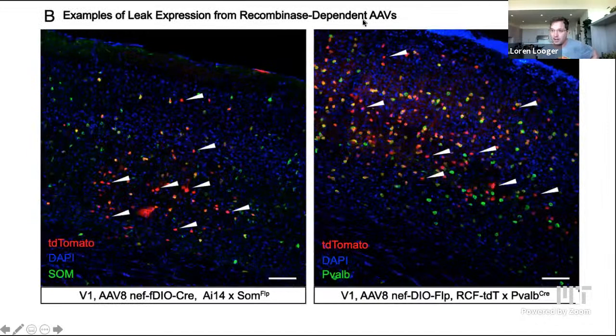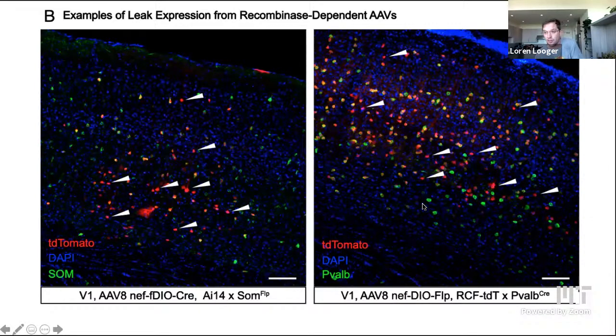Here is an AAV with a Cre-dependent payload injected into a mouse. This one should express in somatostatin positive cells, and this one should express in parvalbumin positive cells.